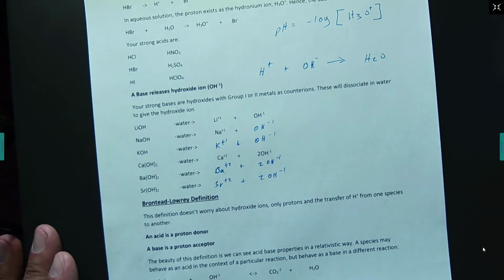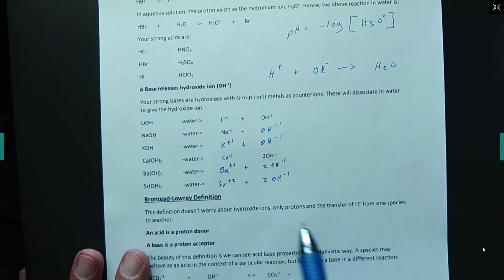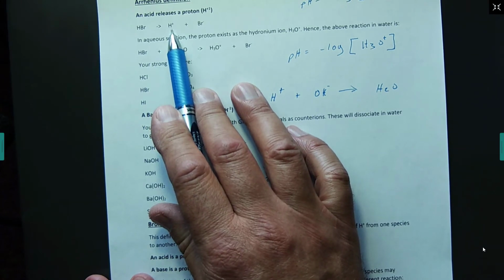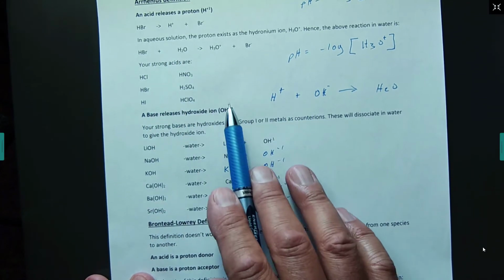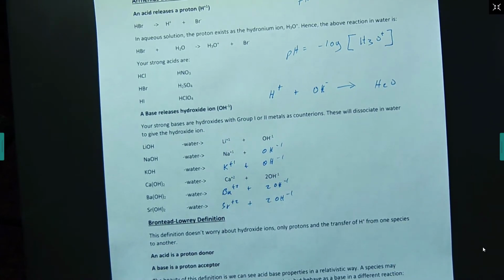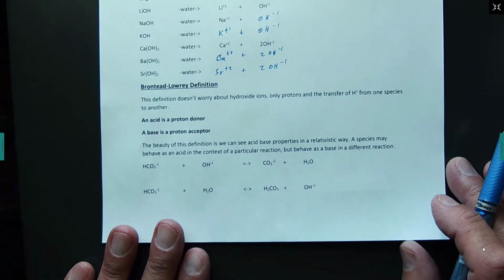Now, the Arrhenius definition talks about acids. They spit out protons. Bases, they spit out hydroxides. A more useful definition for acids and bases is the Bronsted-Lowry definition.